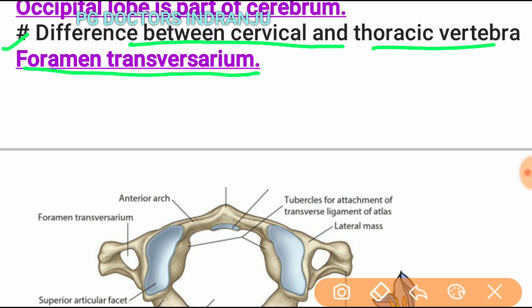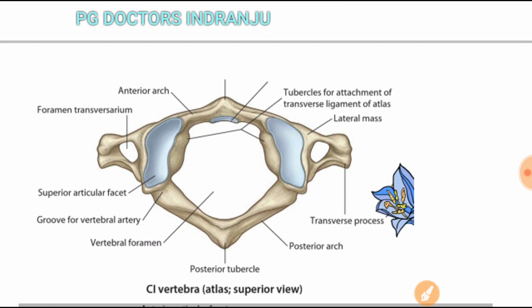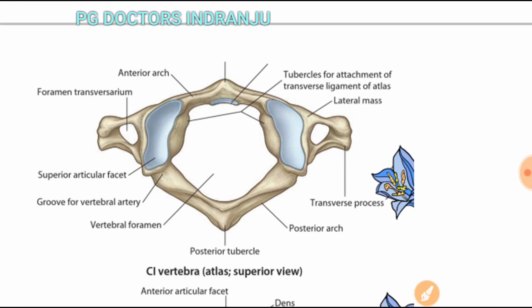Let me tell you how you can differentiate cervical vertebra, thoracic vertebra and lumbar vertebra. The most important thing in the cervical vertebra is the presence of foramen transversarium, which is absent in the thoracic and lumbar vertebra.